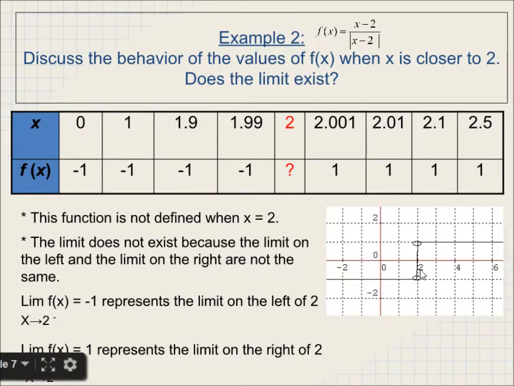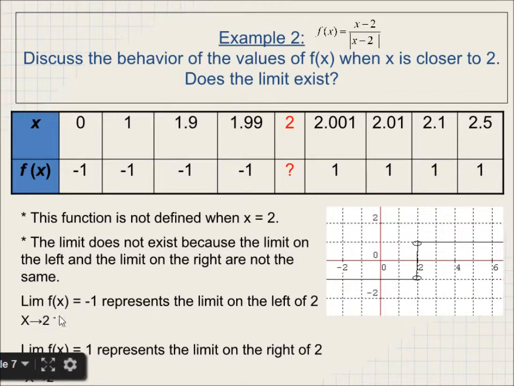By plotting the graph, we know that whenever x approaches 2, the y value is either minus 1 or 1. So at 2 it is not defined. That's why we have this open circle here. The limit does not exist because the limit on the left and the limit on the right are not the same.